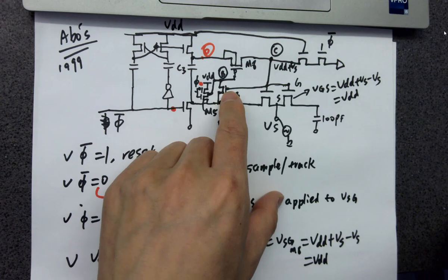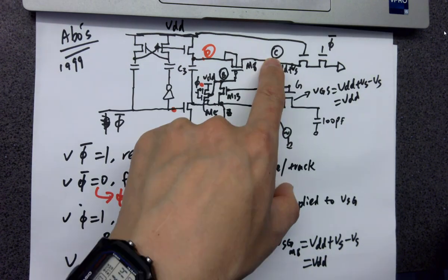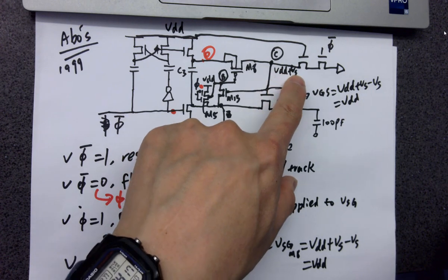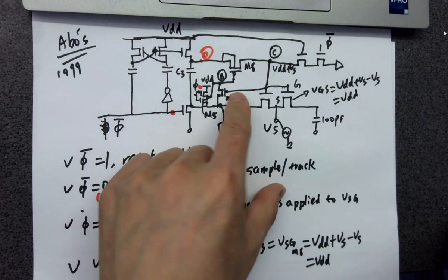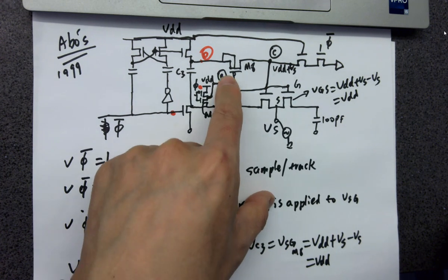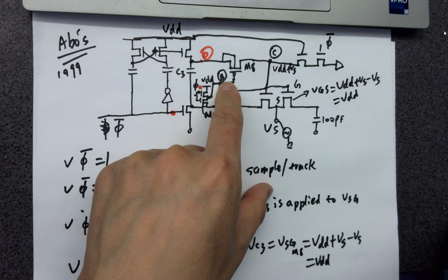However, you need another transistor over here because this one's gate is shorted to this special point, which is VDD plus VS. So in that case, this will be able to pass the entire voltage over here to B. Okay?